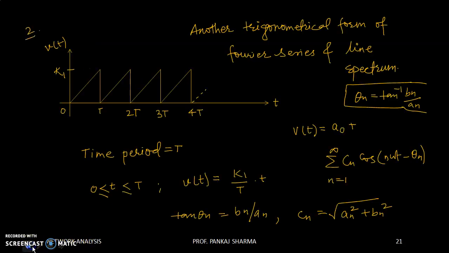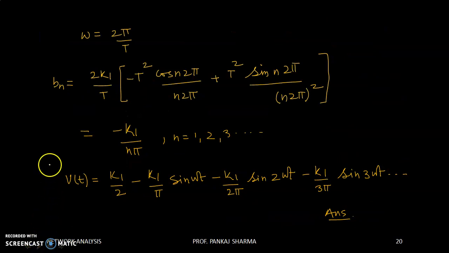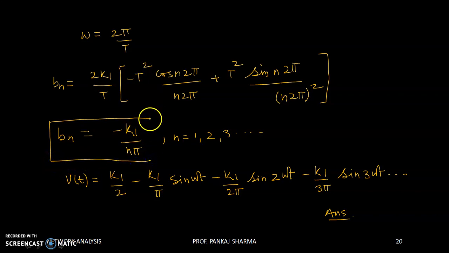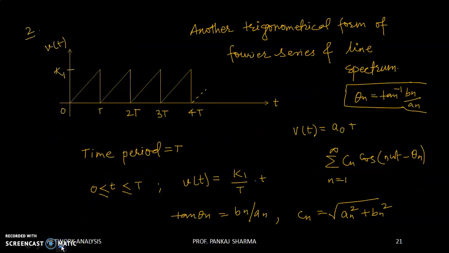Now we have seen that an is 0 for this function, and bn is equal to minus k1 by n pi. This is your bn. We have calculated this, and we are using this for the next analysis.